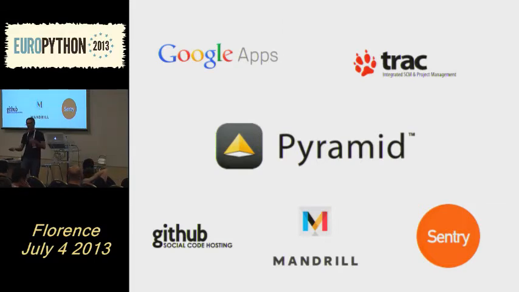There's also Mandrill. I don't know who is familiar with Mandrill. Okay, so if you are using MailChimp, there's another product from the same company, Mandrill. It is a transactional email service.